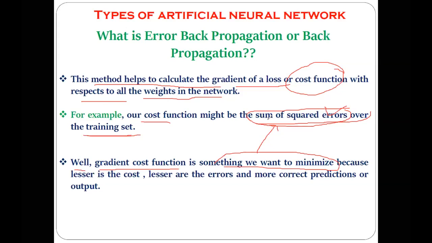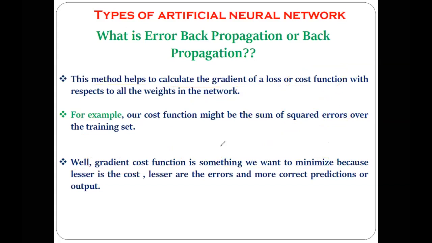No. So to know this in an RNN, how much is the level, or what is the magnitude of the errors, that magnitude of the errors is known with the help of this gradient loss function or gradient cost function. Once you know the level of the error, then with the help of proper training, this error can be minimized.